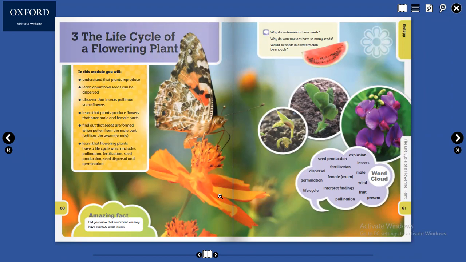Exploration. Seed. Seed production. Fertilization.